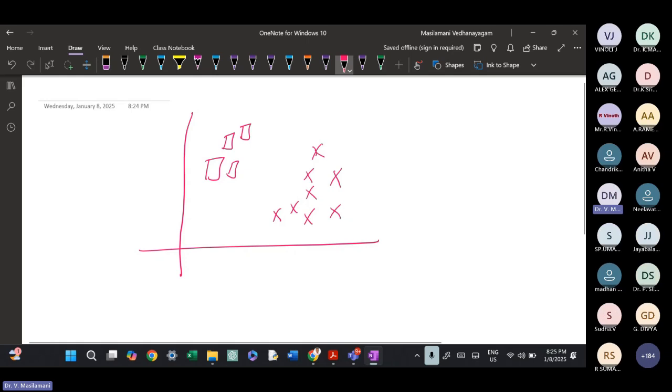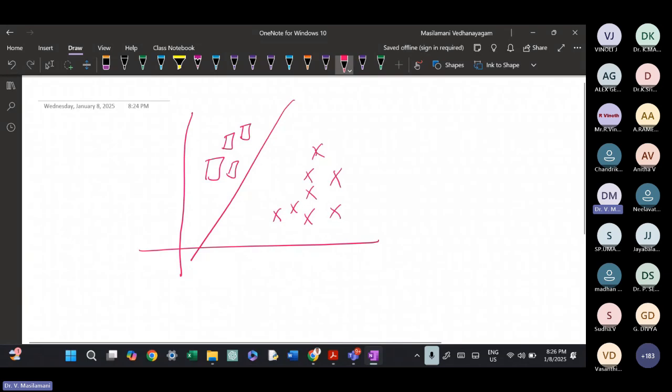During training, you are given this data, right? Suppose you don't want to use SVM, you may get a straight line like this, right? Separating these two data. Now the training error is 0, right? Because all the objects of one class are put on one side, and all the objects of the other class are put on the other side. There is no training error at all.